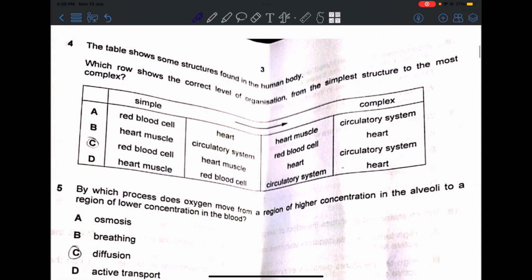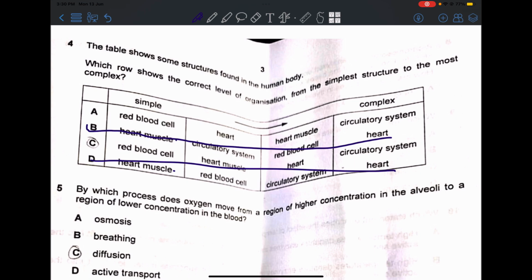Number 4, the table shows some structures found in the human body. Which row shows the correct level of organization from the simplest structure to the most complex? Now over here we know that the simple structures will be, of course, a cell, not a heart muscle, because this is not the simplest structure found. So we're going to be choosing between A and C. Now A says red blood cell, heart muscle, and circulatory system.